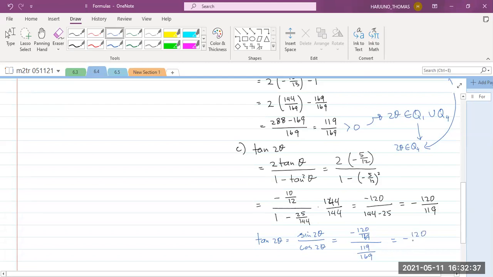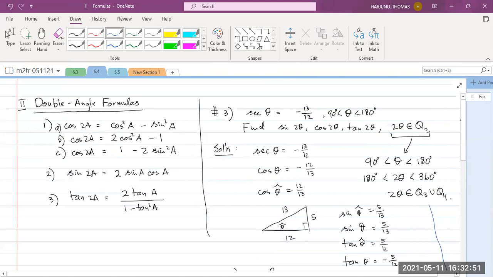I think this is an easier way to find the tangent since we already have the sine and cosine. Now that's for double angle formulas.